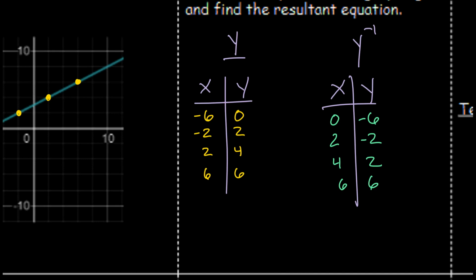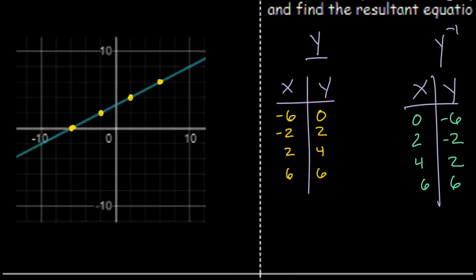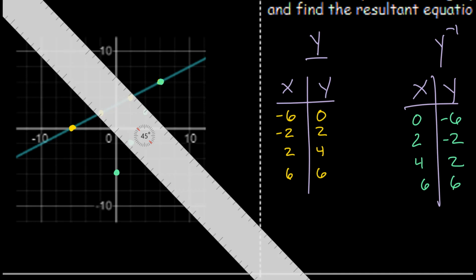So now, to finish finding the inverse, we're just going to graph these points. So I have 0, -6. It's down here. I have 2, -2. 4, 2. And 6, 6. And then I'm just going to connect these points.